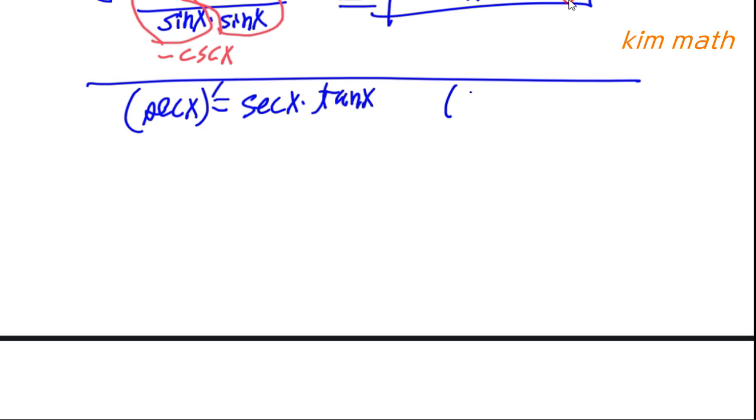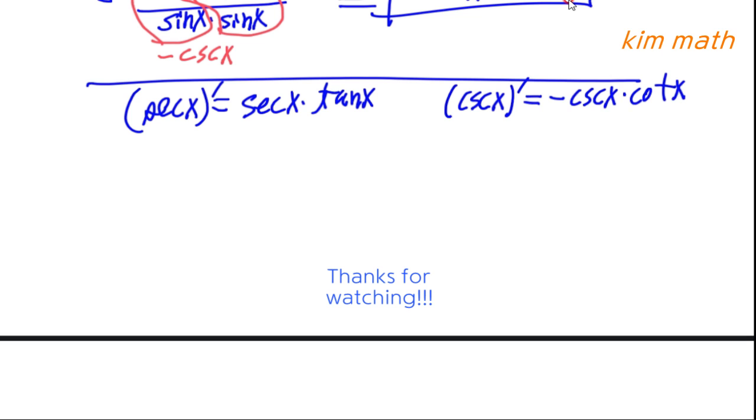And if you have a cosecant x, the derivative of cosecant x will be negative cosecant x times cotangent x. Okay? So today we discussed the derivative of secant and the derivative of cosecant.